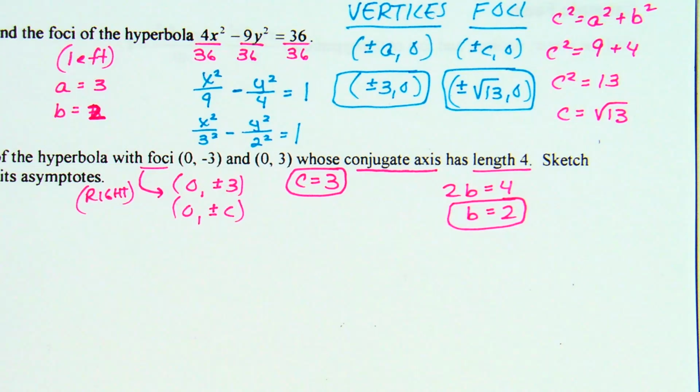Take a guess what we still need to find. Yeah, we're going to have a and b to write an equation. How do we find a? Okay. Pythagorean relationship, yes? So officially it's c squared equals a squared plus b squared. Manipulate that how you need, right?